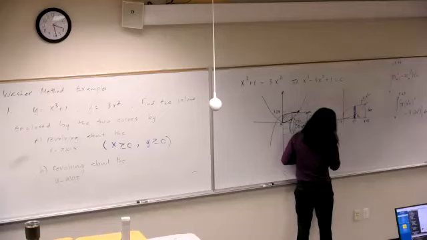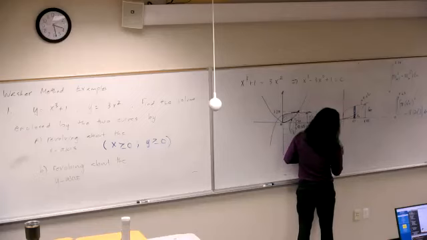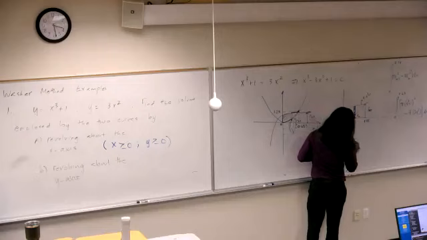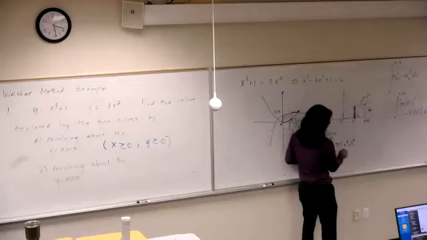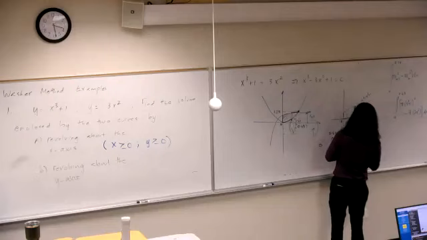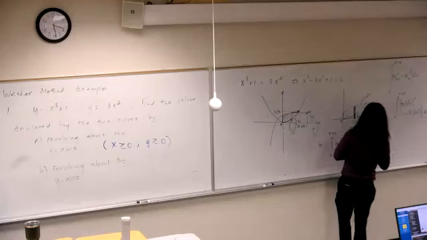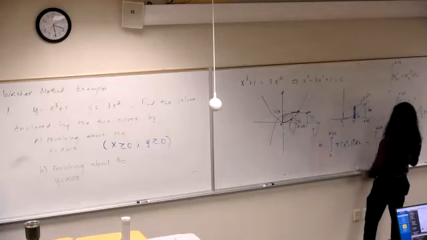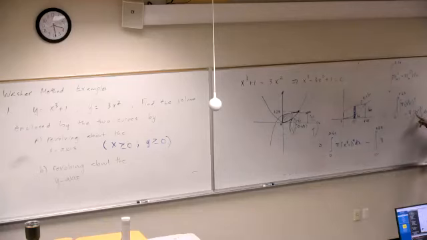So, integral from 0 to 0.65 of pi times x cubed plus 1, the entire thing squared dx, minus integral from 0 to 0.65 of pi times 3x squared, squared again.